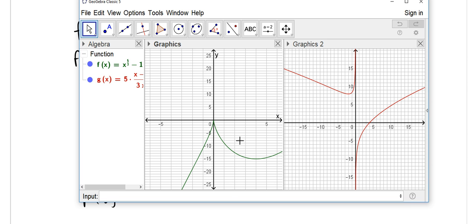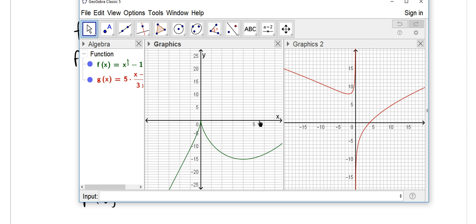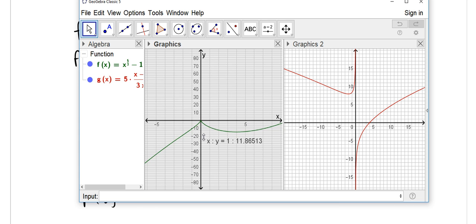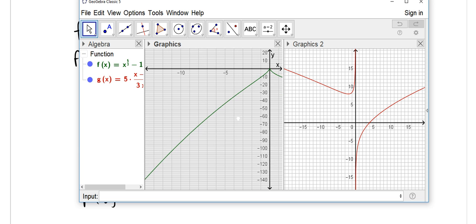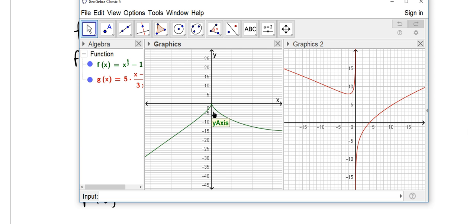On the left, this green function is our original function, and on the right is the derivative. Look what's happening with the original function, the green one. It's got a cusp. We don't see them too often, but it's a cusp. And then it goes up that way, and going the other direction it looks like it's curving down that way. Not that it really matters, but just interesting, different kinds of functions we can see.